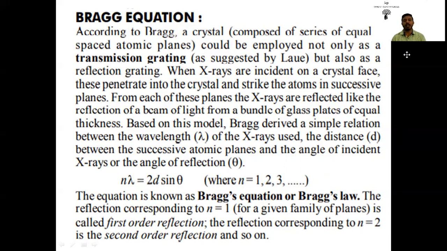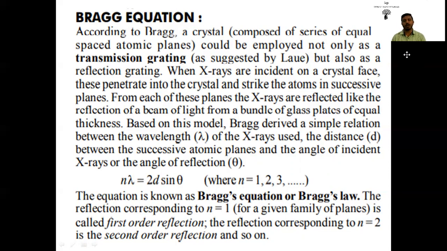From each of these planes, the X-rays are reflected like the reflection of a beam of light from a bundle of glass plates of equal thickness. Based on this model, Bragg derived a simple relation between the wavelength lambda of the X-rays used, the distance d between the successive atomic planes, and the angle of incidence or reflection theta.